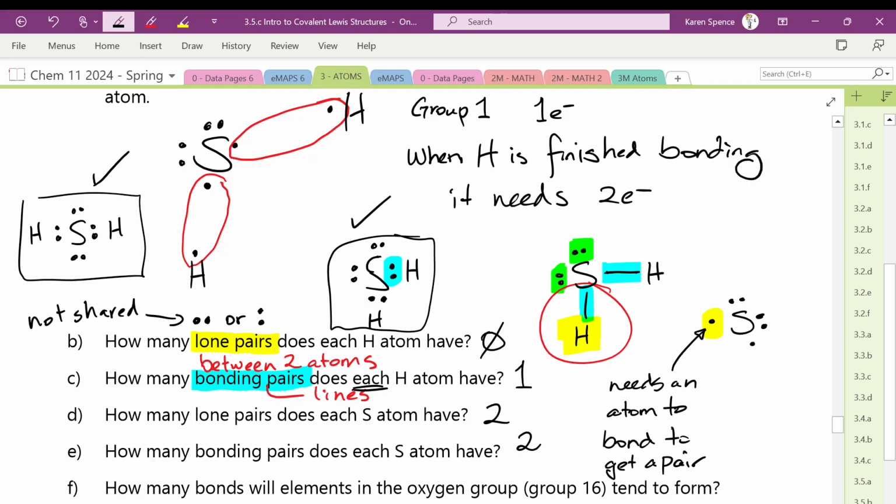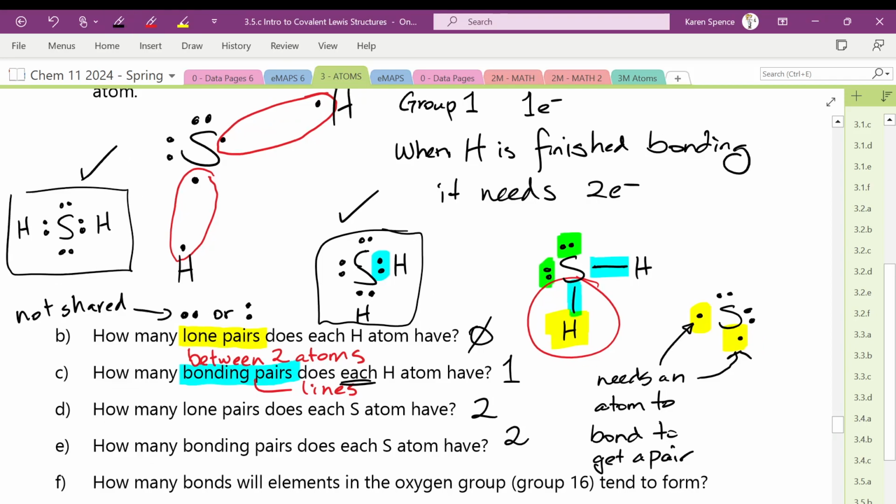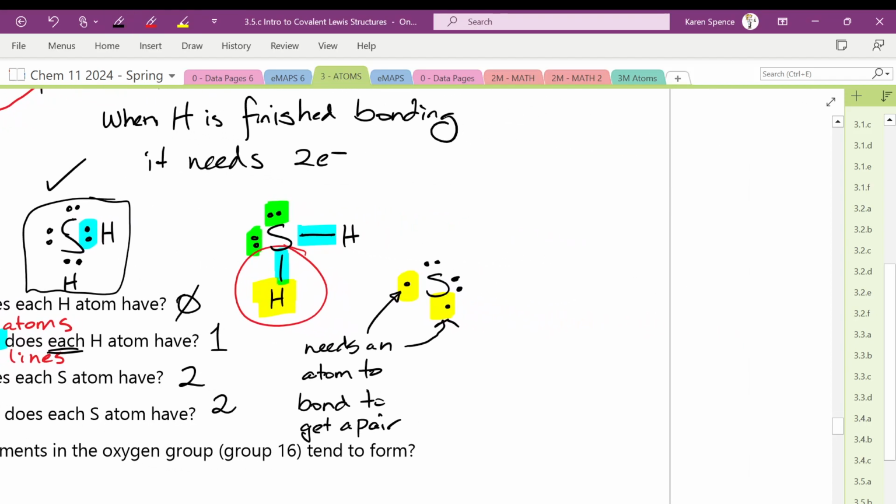So anytime you see a singleton electron, single electrons need to bond to become a pair.